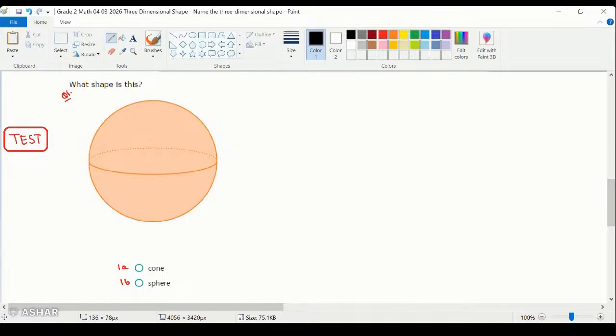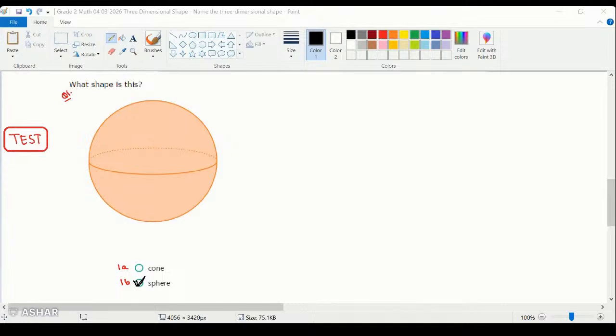This is a sphere. A sphere is a round shape on all the sides, right? No, cylinder would be like a pipe. Michael, cylinder is a pipe. We have only two options over here. We had cone and sphere. So you need to select one of the options from the given options, okay? So you cannot use cylinder over here because cylinder was not a given option.